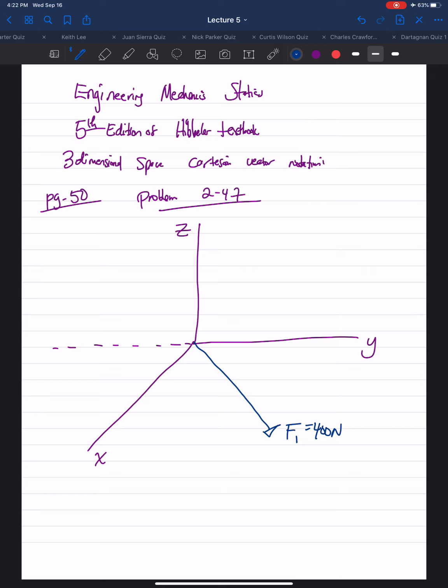We have a force F2. This angle here is a 3-4-5 triangle. Our negative z-axis.